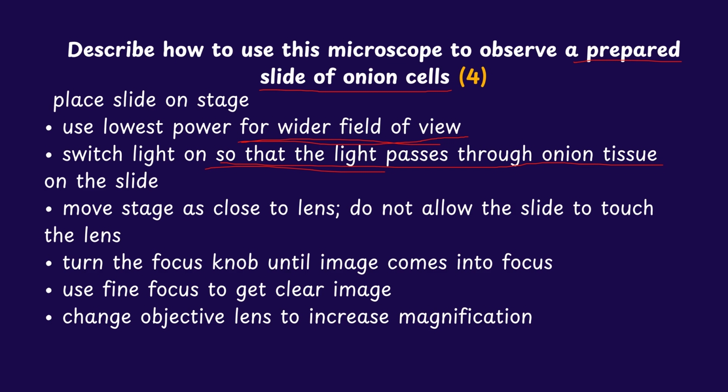Relevance for use of lowest power for a wider field of view while we turn on the lights so that the light can pass through the onion tissue. All right, so if you did not give those points and they're not clear, you will fall into the 1 to 2 marks bracket. And then 3 to 4 marks is if you have written down your points in detail and the account is accurate.